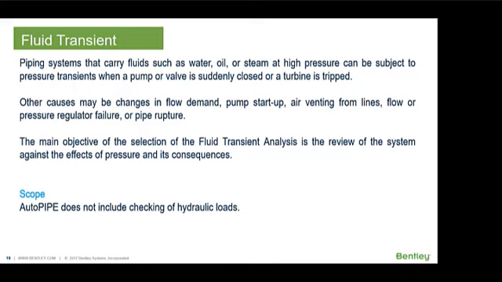So for this, AutoPIPE recognizes the fluid as external data, and you can introduce what is in scope and what is not. The scope includes fluid loads, but AutoPIPE does not include checking of hydraulic loads. That means it's not a hydraulic calculation, it's more a stress calculation by fluid.